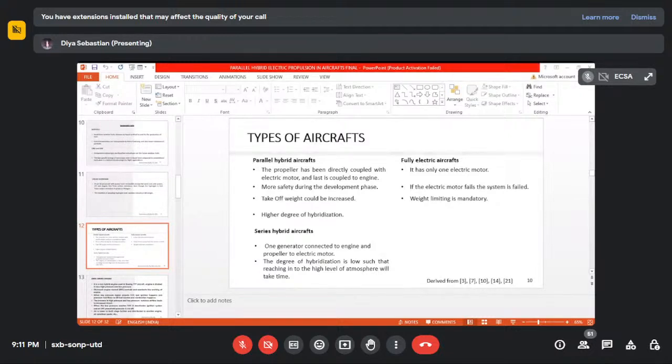So, as a case study, to compare between the combustion engines and the parallel hybrid aircraft, I have taken into consideration a normally used combustion fuel aircraft, the Boeing 777, which works on combustion fuels, and the premium fuels are used here.